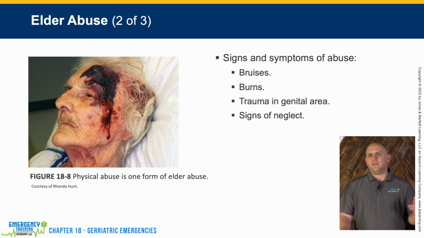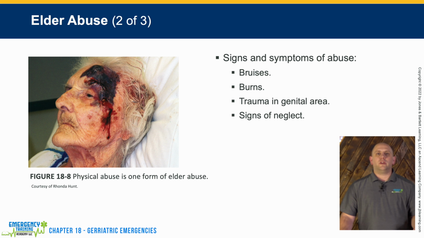We want to look for pressure bruises that have been caused by a hand. Look for multiple bruises in different stages of healing. We can also look for burns that might be caused by cigarettes or hot fluids.